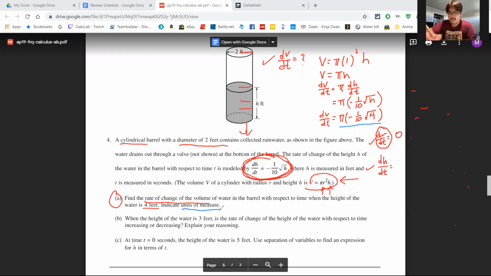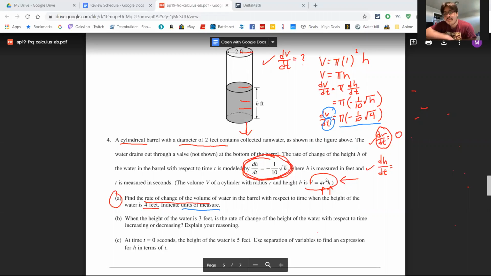It says units of measure. So we are not done. You have to actually write down what the unit is. This is volume over time. So what's the volume for this problem? You should know your geometry. Volume should be units cubed, right?